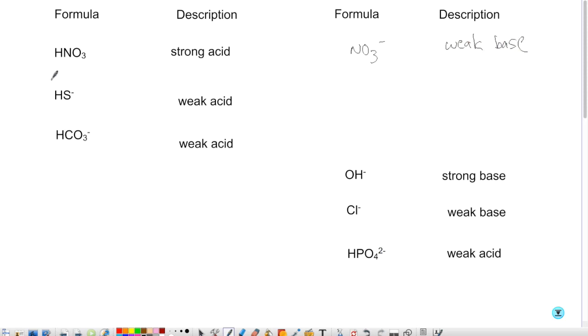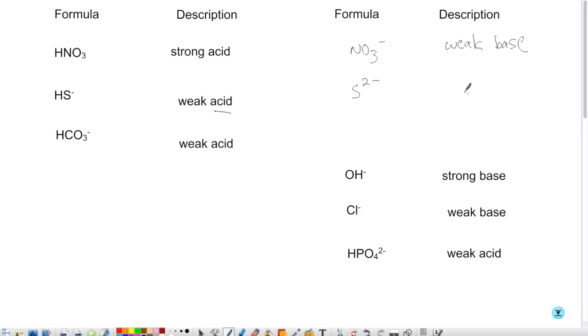Okay? Now here's hydrogen sulfide ion, okay? This is a weak acid. Now, I'm still saying that it's acting as an acid, which means it's going to donate a proton, which means its conjugate base is going to be S2 minus, okay, because it gives up another proton.